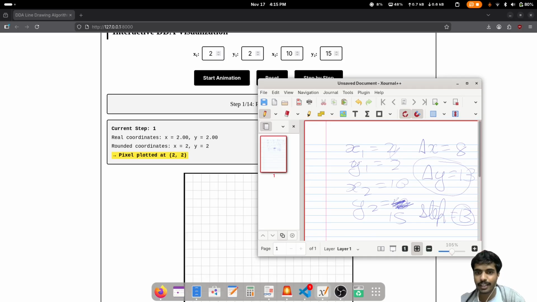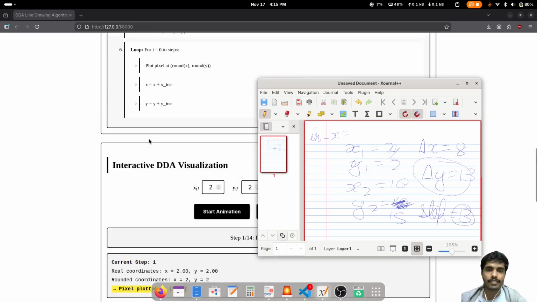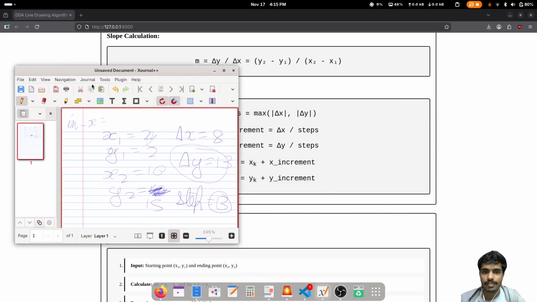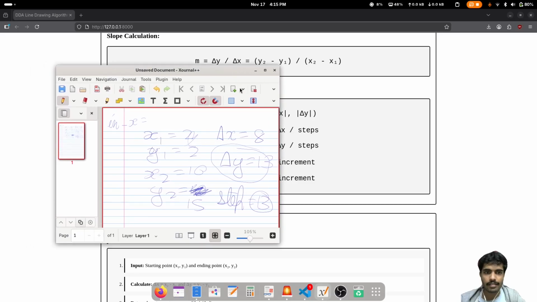In this we can see the del y is way bigger than del x. So here we will choose the step as 30. So what is the increment of y? Let's first find out the increment of x. The increment of x, which we defined in the mathematics section, is del x upon step. The del x is 8 divided by 30, so you will get a value of 0.something. And the increment of y, you will get the value as 1.